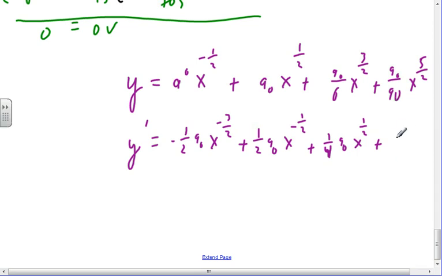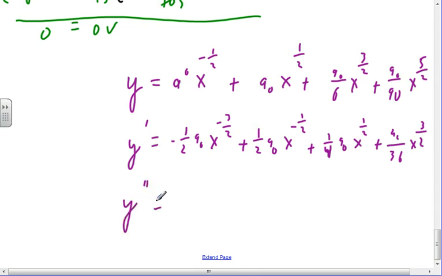So that'd be 18 times 2, 36, a0 over 36 x to the 3/2.